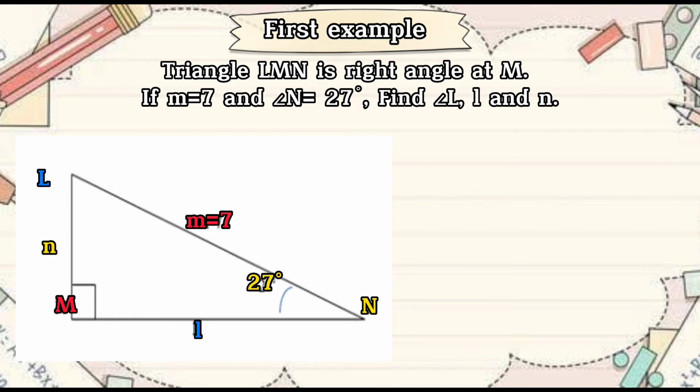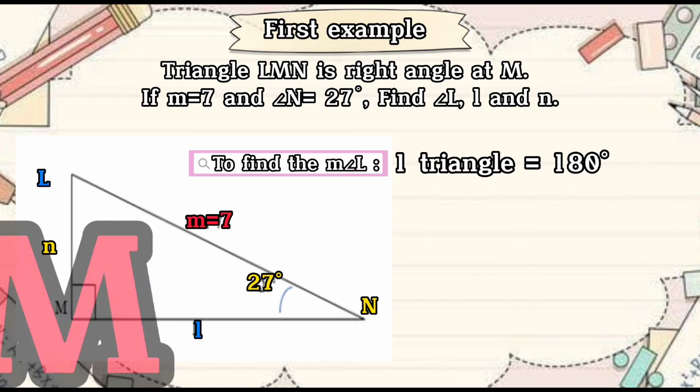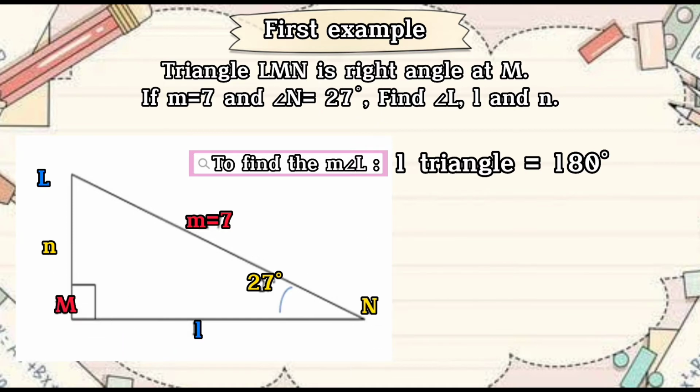Okay, to find the measure of angle L, we all know that the sum of the angles of a triangle is equal to 180 degrees. So, we already have the measure of angle M and the measure of angle N. So, let us substitute it. Our formula here is angle L plus the measure of angle M plus the measure of angle N is equal to 180 degrees.